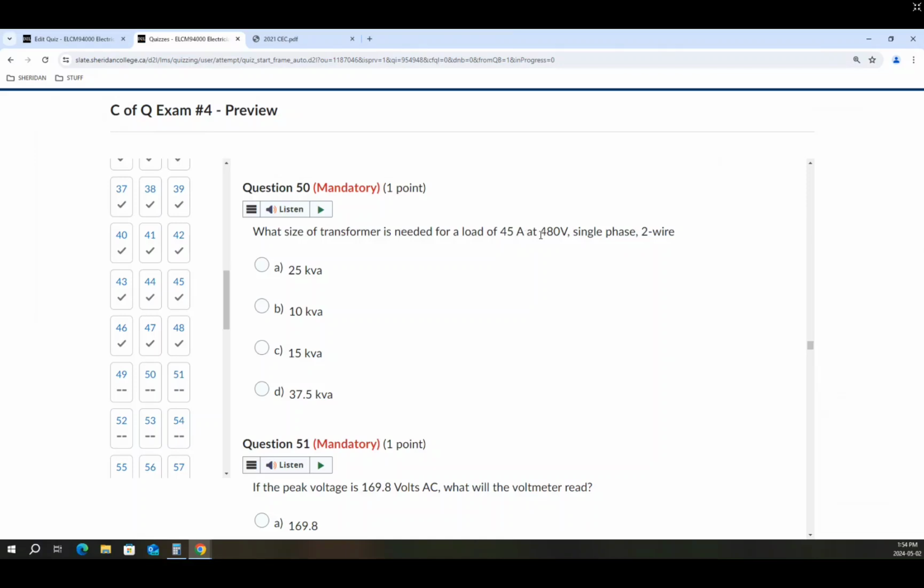E-line, I-line. So it's just a calculation then. I need my voltage times current divided by 1,000 to get the kVA.